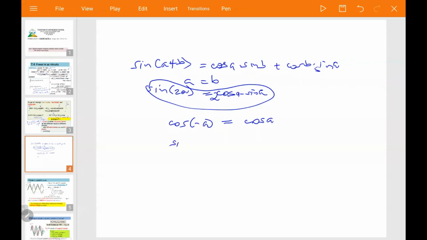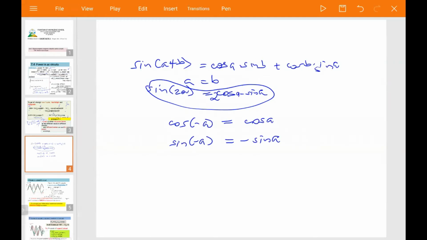And sine of minus a is equal to minus of sine a. All right? With these things in mind, later on we'll change the mathematical angle a into the physics omega times t.